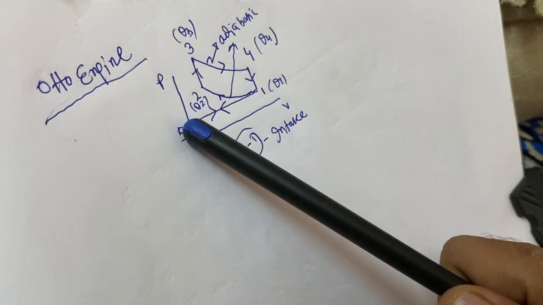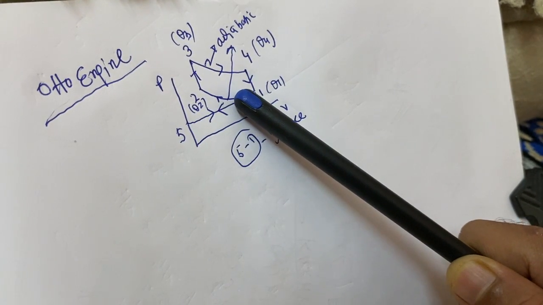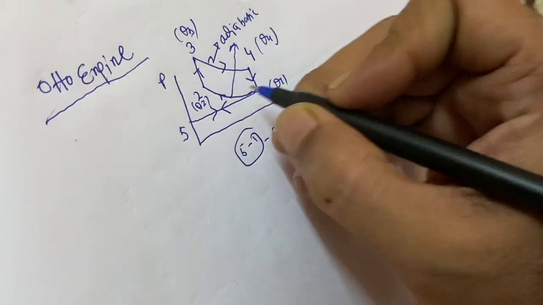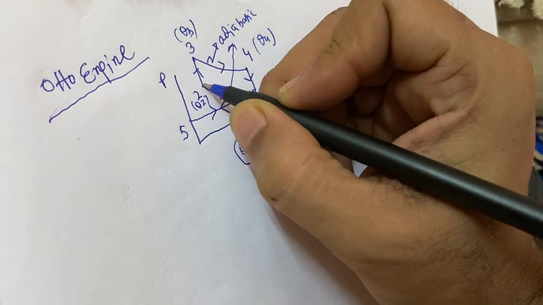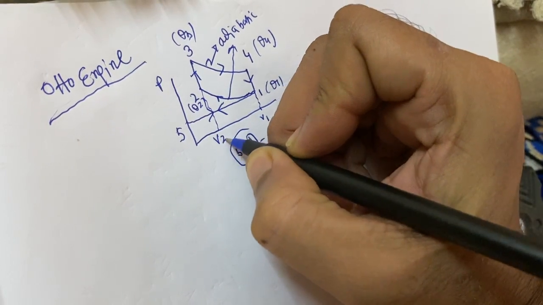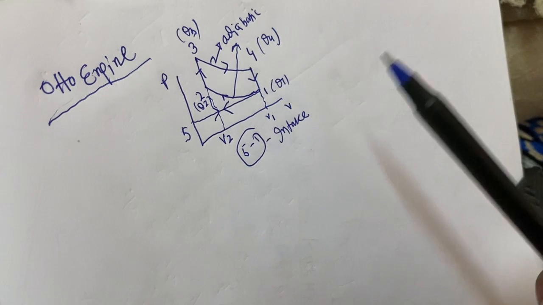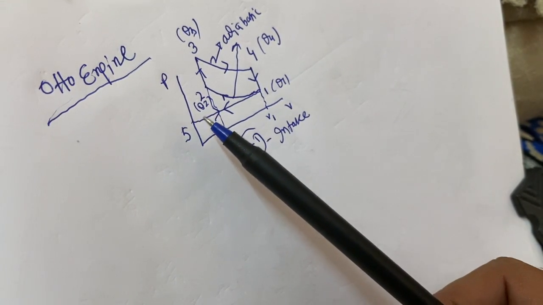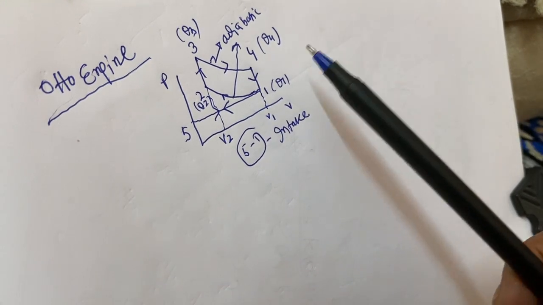In the 5 to 1 process, mixture of air and gasoline is taken within the cylinder up to the volume V1, and this is volume V2. So, mixture of gasoline and air is drawn within the cylinder through the piston up to the volume V1.